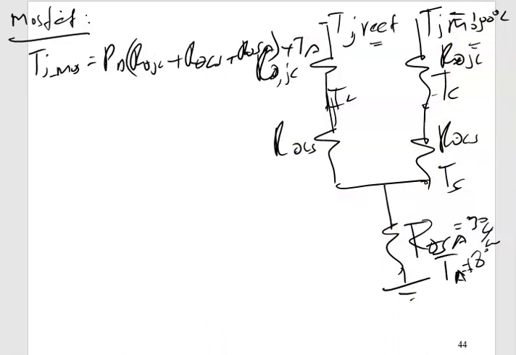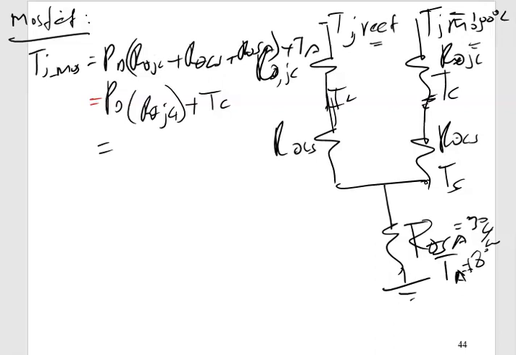Okay. At the same time, we can also consider the equation of TJ for the MOSFET, which is PD R thermal JC, junction to case, plus TC. This is Ohm's law, the same. R thermal JC plus TC.